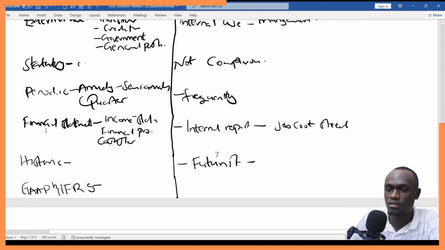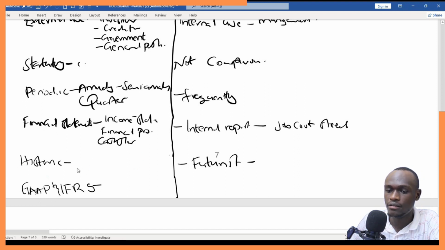Financial accounting involves preparation of financial statements. Those are the income statement, statement of financial position, and statement of cash flows. But management accounting involves preparation of internal reports like job cost sheets. Financial accounting is historic in nature.